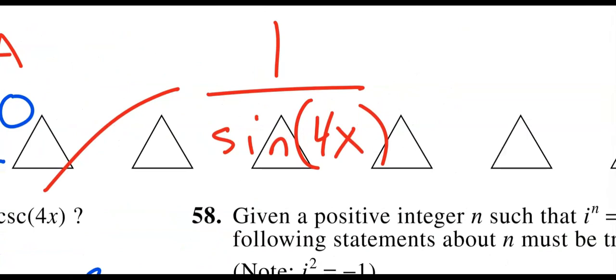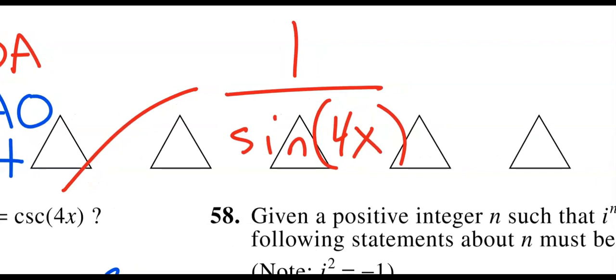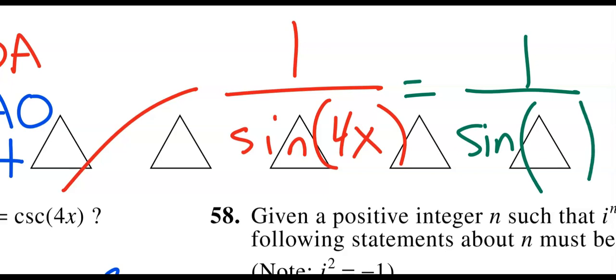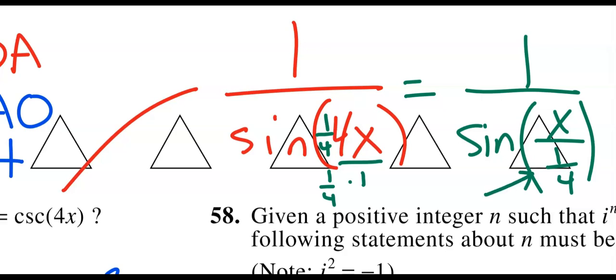For those of you who don't know, and if you've heard the phrase factored form, it would look like this. If you wanted to get that to be a 1x on the top, you would have to multiply the top and bottom by the reciprocal, 1/4. And so we have a sine function which has been horizontally shrunk. Horizontal shrink by 1/4.